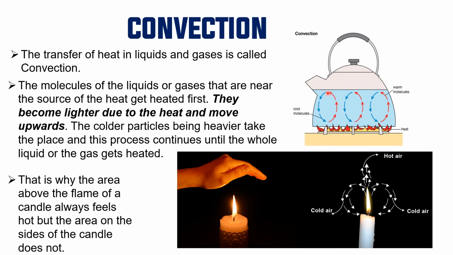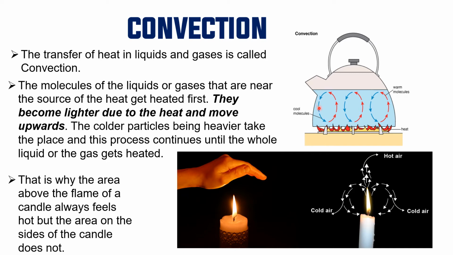And what will happen to the water particles in this area? They are colder particles, because they are away from the heat source. That is why they are cold, so the cold particles come down. They are heavier because they are cold.